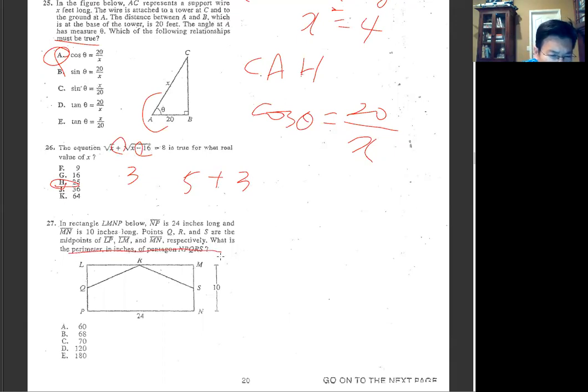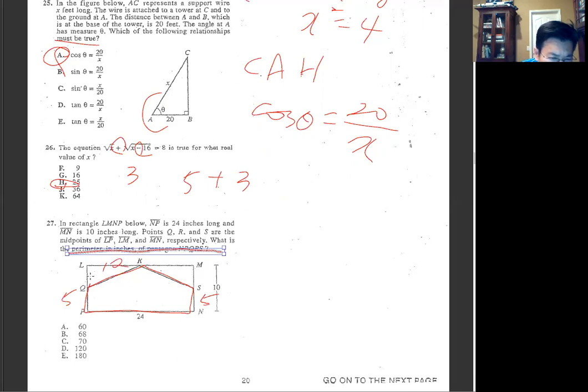Perimeter in inches of NPQRS. So this pentagon, you have to get the perimeter of it. We know 24 here, and another hint is that points P, Q, R are midpoints of each side. So this is 5, and this is 5, and then this is 12.